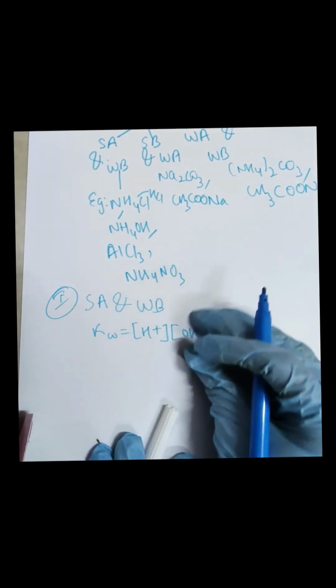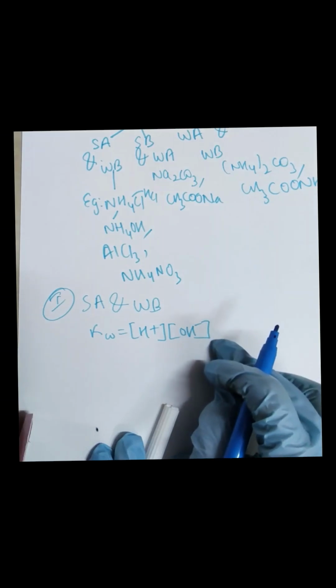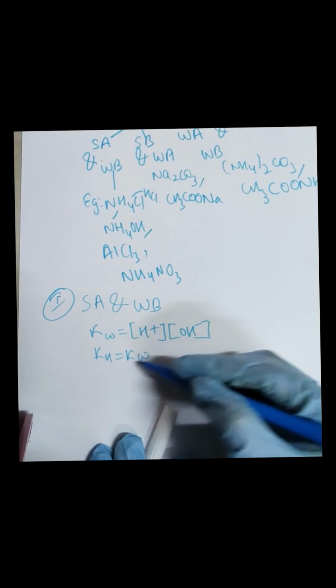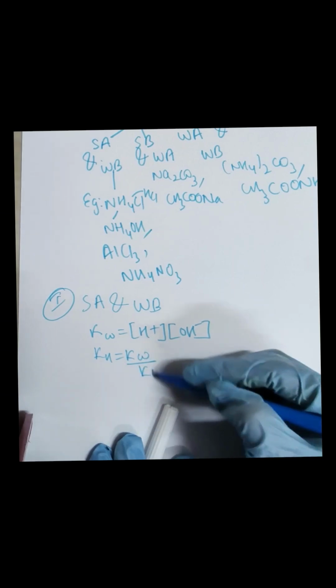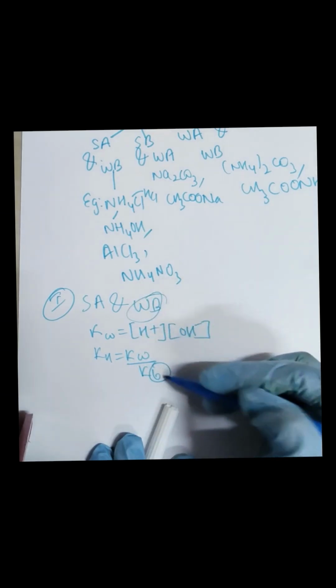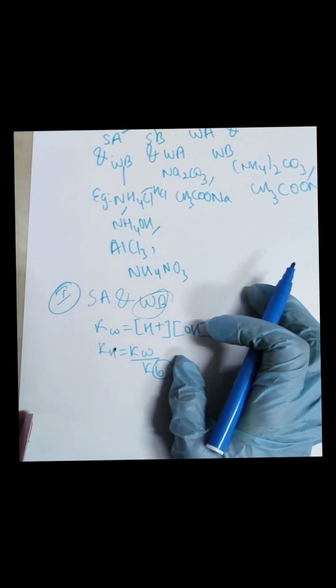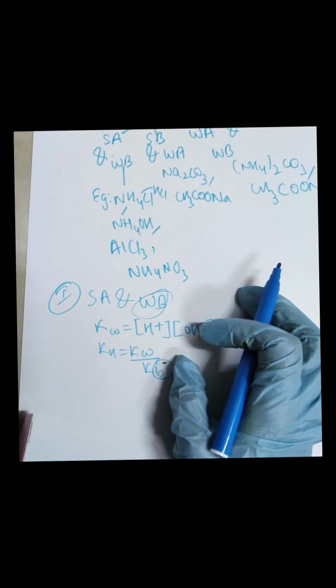So this is the new, very common formula. Next, Kh equals to Kw by Kb. Kb is weak base and Ka is weak acid.